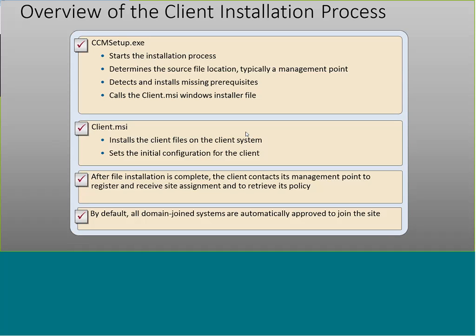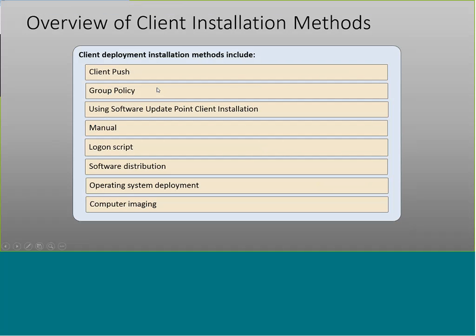So what are we talking about? We are talking about the SCCM client that we are about to install on a collection of those computers. There are 8 ways to install an SCCM client. If you don't have the SCCM client, SCCM will not know whether that machine exists or not.